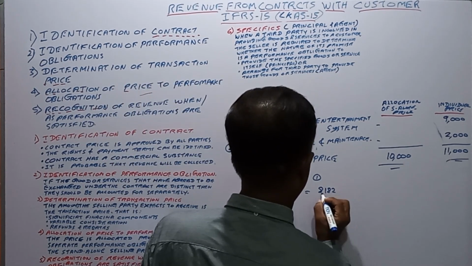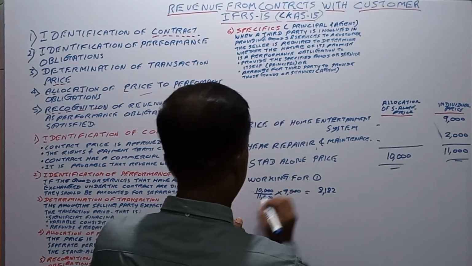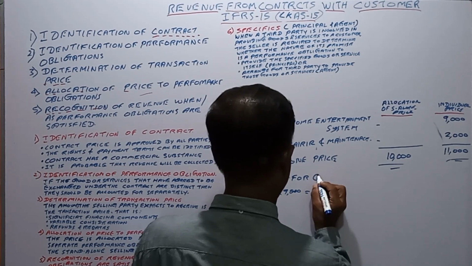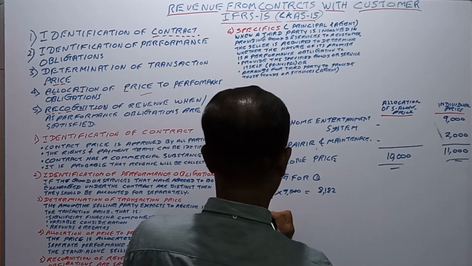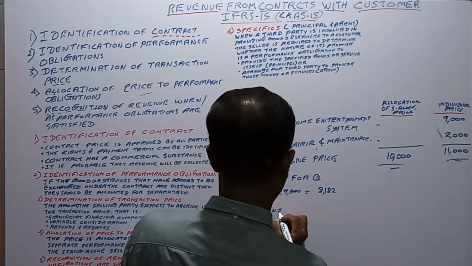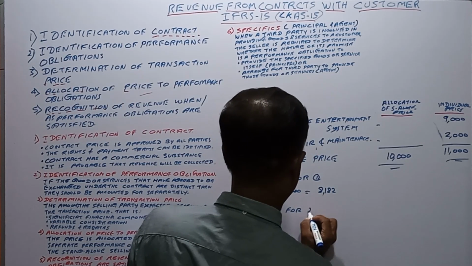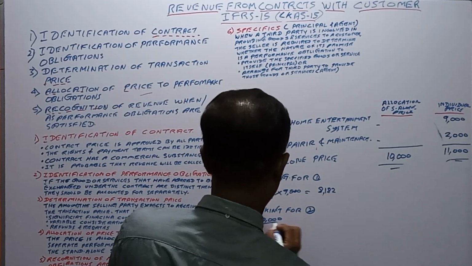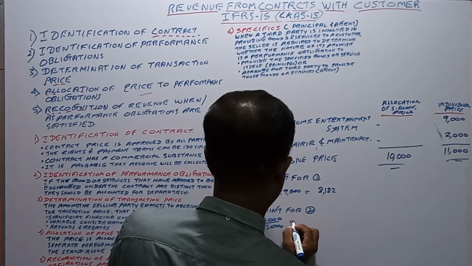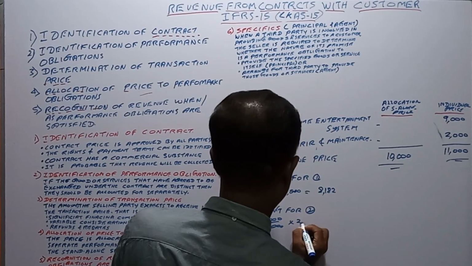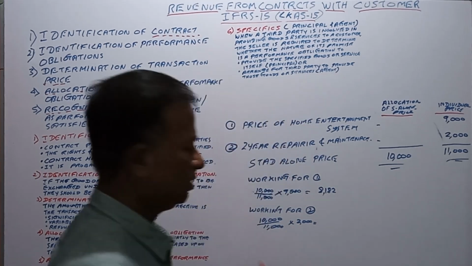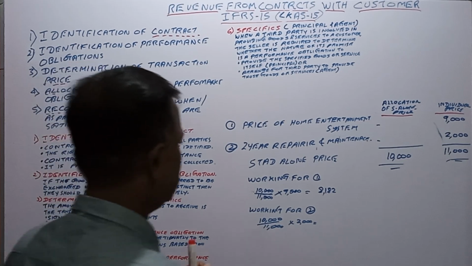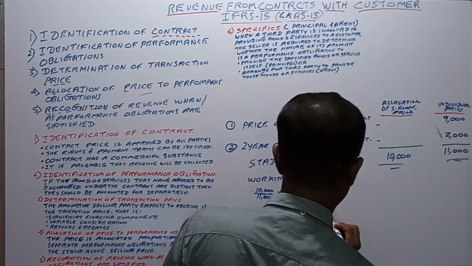Working for one, working for two: 10,000 divided by 11,000 into 2,000 equals 1,818.